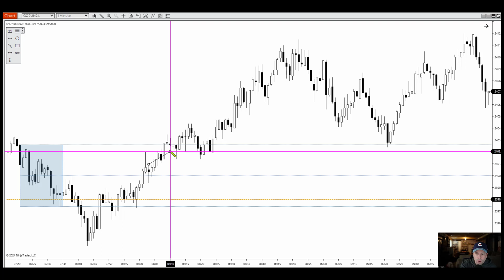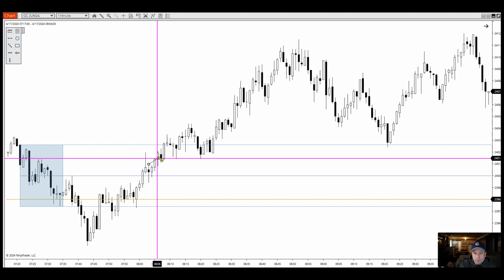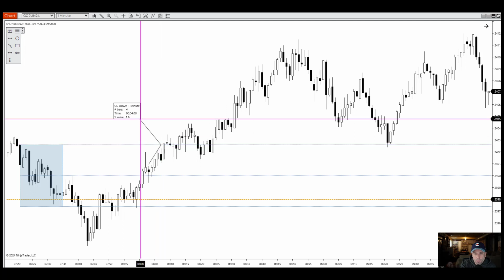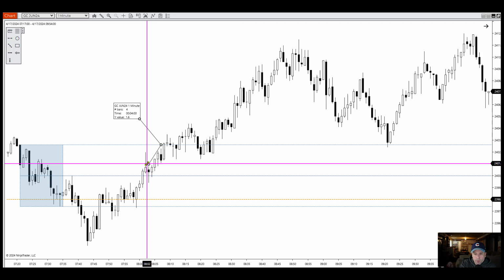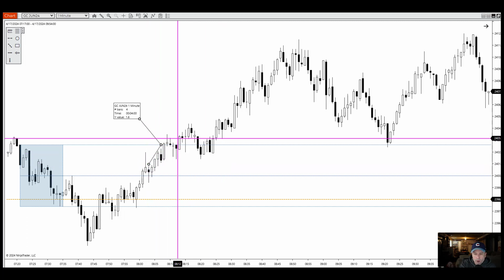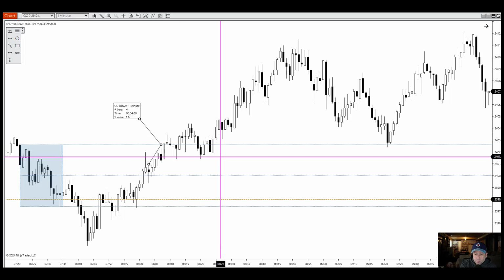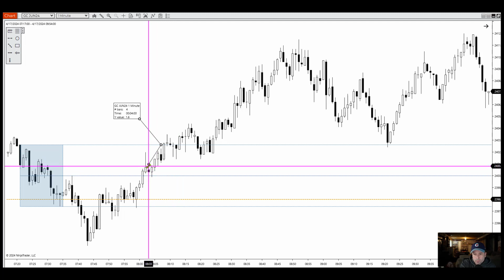Move stopped. Here's where I screwed this up, right? So the rules would say move your stop to break even once you touch the top of the open range. So that was 16 ticks away. So once this candle closes, you'd want to move your stop to break even. And you can see it holds this whole time, right? We do come back for 2 retests, but we never come back to where your entry would have been.